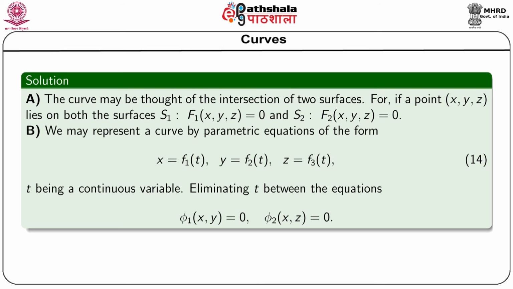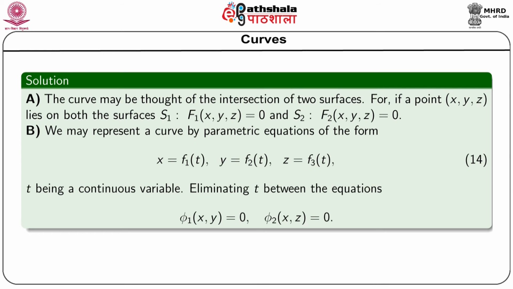Now, the question is, how can we say that equation 14 represents the equation of a curve? That means we want to show that the representation in equation A and the parametric representation are equivalent.